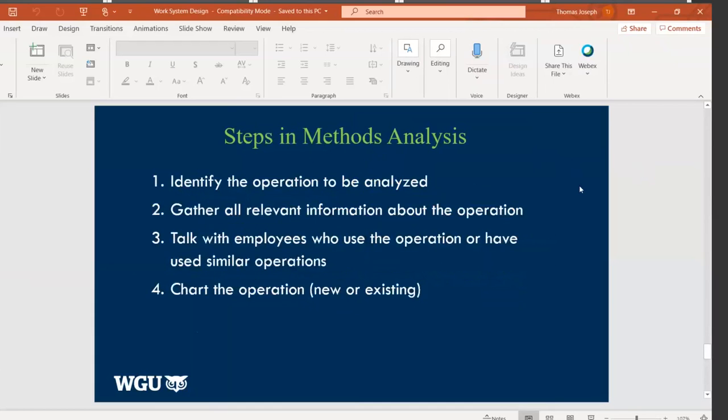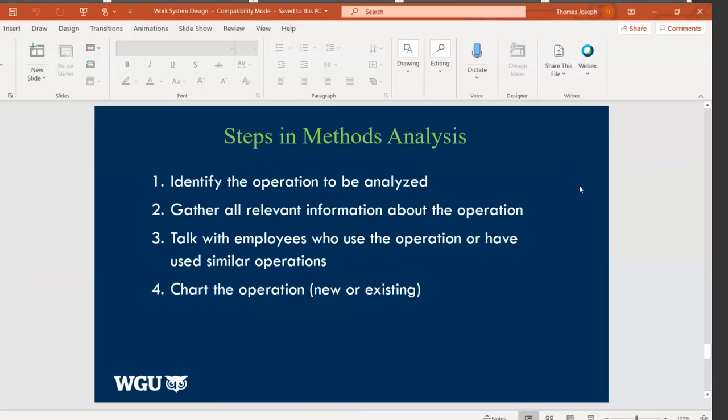So as we wrap up our session, we'll identify the steps in methods analysis. I want to recommend that you know those 5 or 7 steps, rather, in methods analysis. These are very critical for the work system design competency on your exam. So number one in the methods analysis, identify the operation to be analyzed.